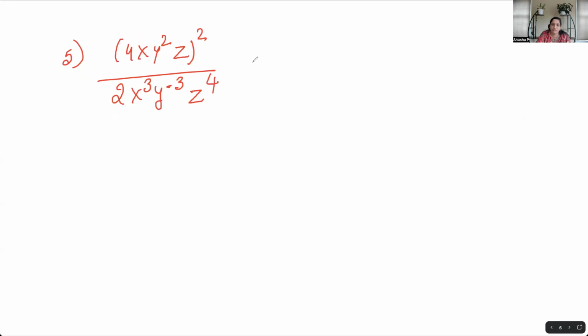Now, our fifth example. I have seen the kids, whenever they have big variables or numbers, they get panic. But just split it into parts and then do it. Then you will not have any trouble. Okay. First, expand the exponent on the numerator in this question.